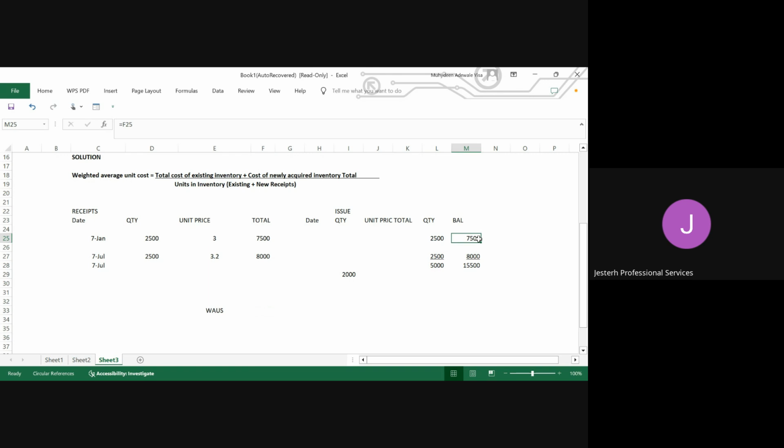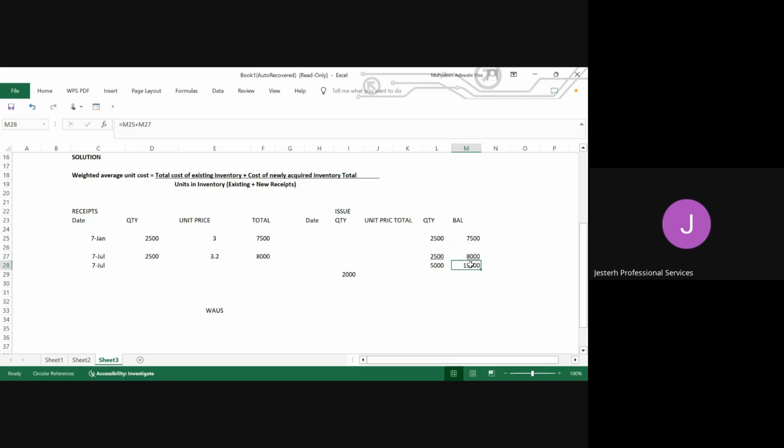And then plus the cost of the newly acquired inventories. Now, the last inventories that the organization brought to the store was on the 1st or the 7th of July, which is 2,005 at 4 naira 2 kobo, which value at 8,000.